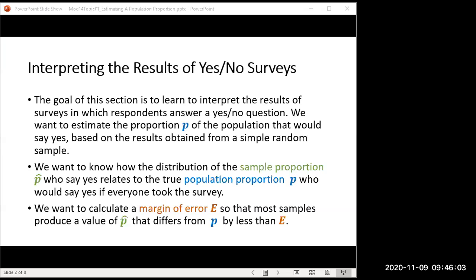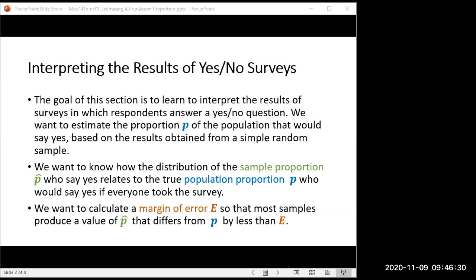Now, what do I mean by the population proportion? I'm thinking about a yes-no survey kind of situation, and we want to estimate the proportion of the population that would say yes. I don't have access to the entire population. Maybe there are millions of them, so I'm going to use a simple random sample to try to represent the population.